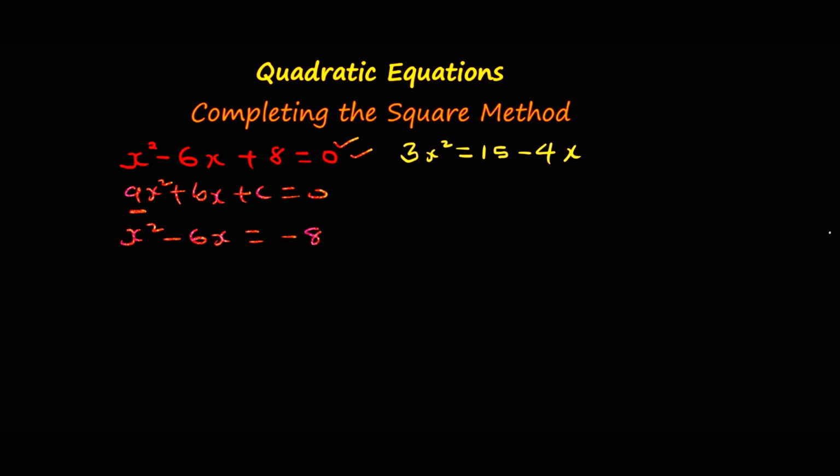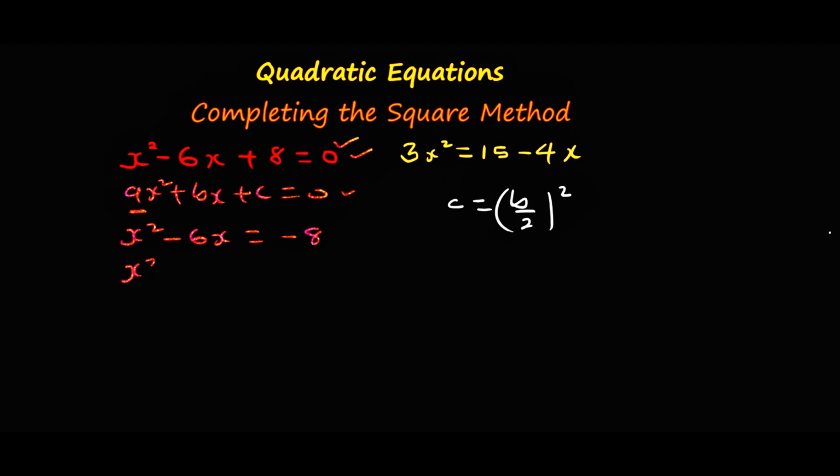Now the next thing would be to realize that on the left hand side, from the standard form of a quadratic equation, c is missing. So we try to make the equation complete by introducing the c. So c is obtained by taking half of b and then squaring it. So it means therefore that we can get c by taking half of -6 and squaring it.